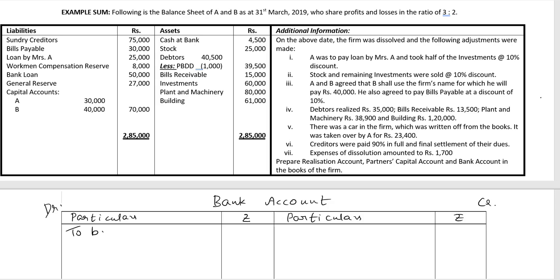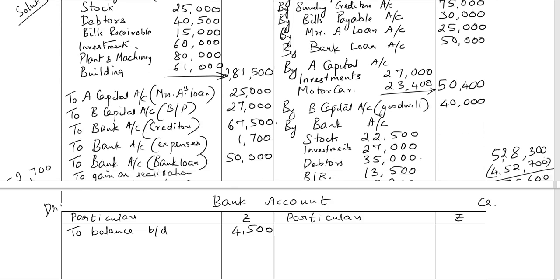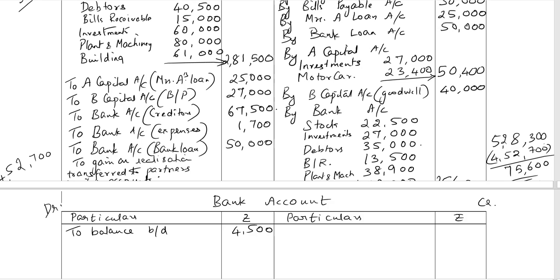To balance brought down, from the asset side of the balance sheet, balance of bank 4,500 rupees. Let's check the realization account for the amount realized from sale of assets and payment of liabilities.